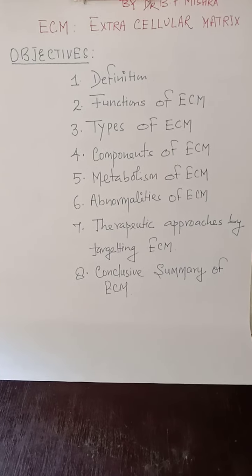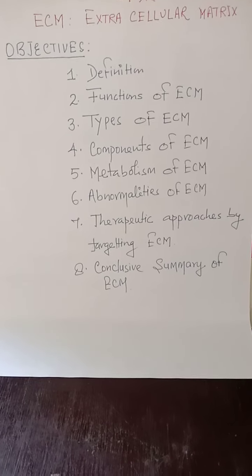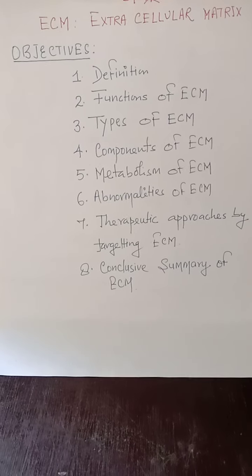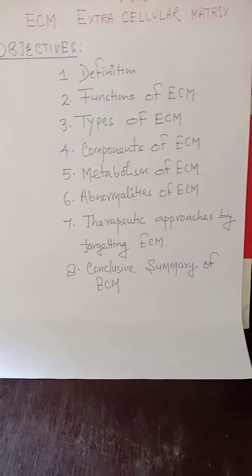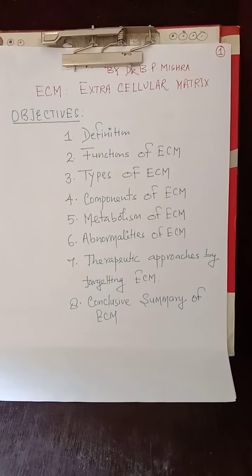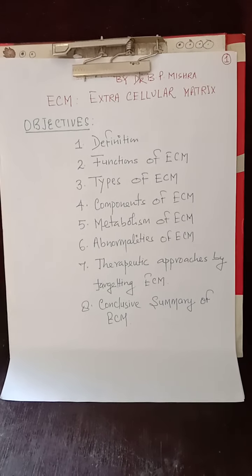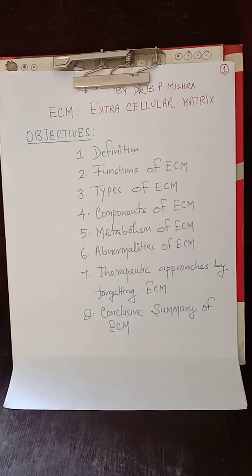For example, connective tissues, cartilages, tendons, ligaments, corneal stroma, hyaluronan, etc. Now we will see the exact definition of the extracellular matrix. As you know, we have so many types of biomolecules.